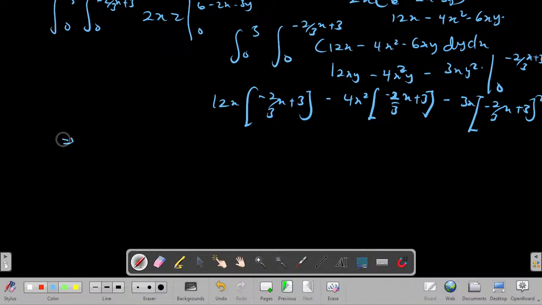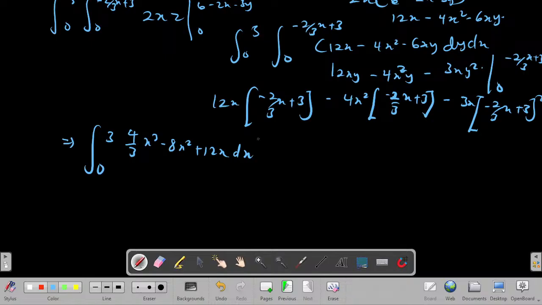So I'll simply have the integral from 0 to 3 of the expression 4 over 3 x cubed minus 8x squared plus 12x dx. I believe you can do this simplification to arrive at this.